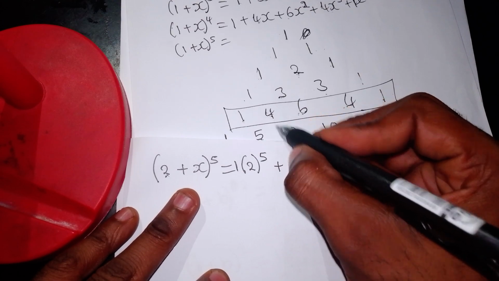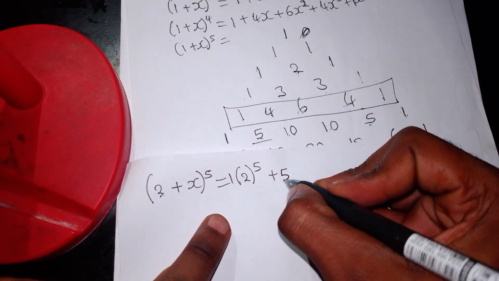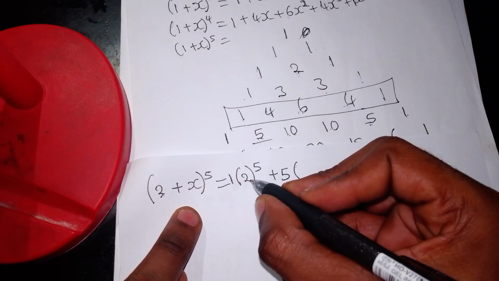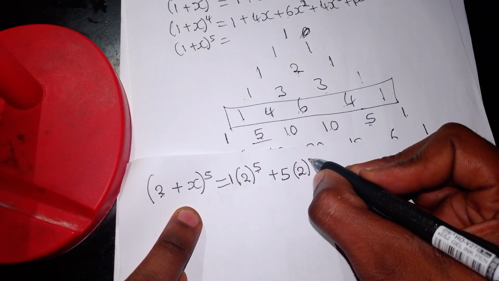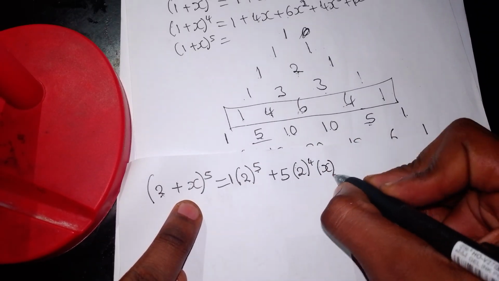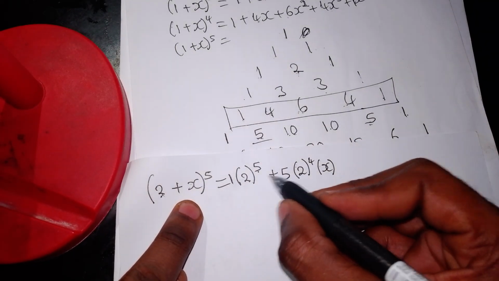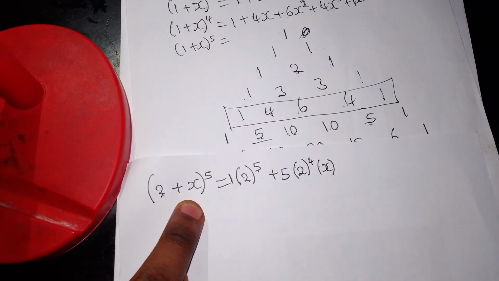Plus, your next coefficient is a 5, so you write your 5 there. And then the powers of 2 are reducing by 1, so this one will be a 4. And then the powers of x are increasing, so you had an x to the power 0 there, you now have an x to the power 1.